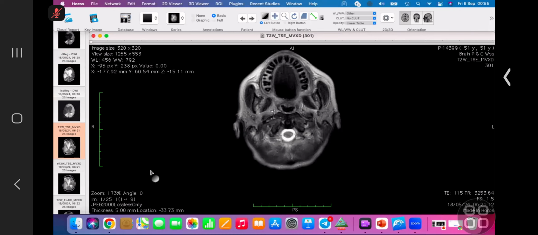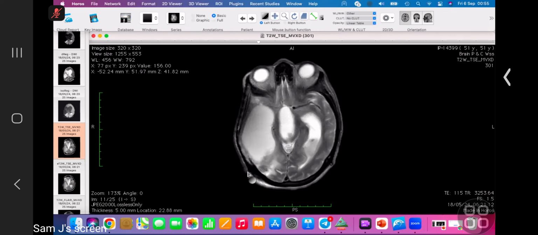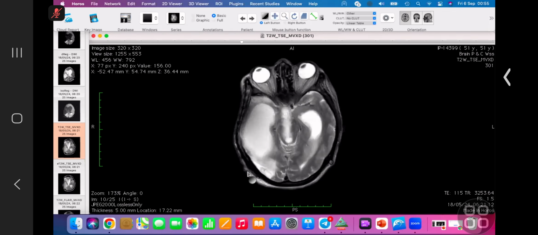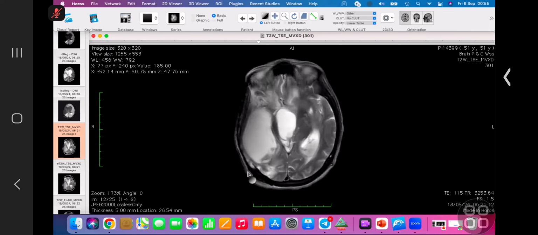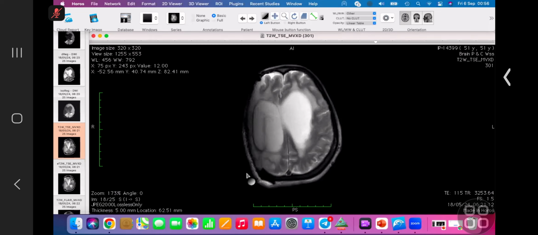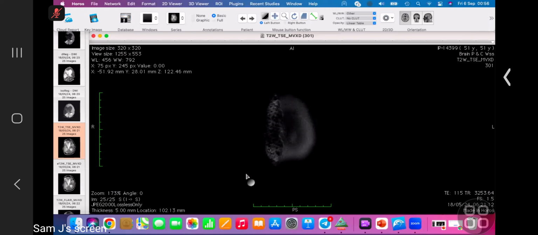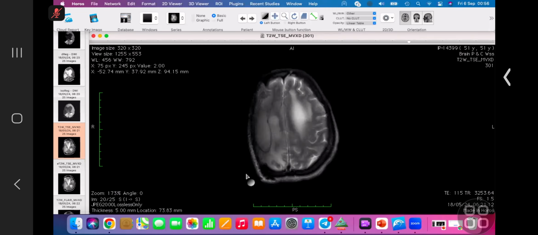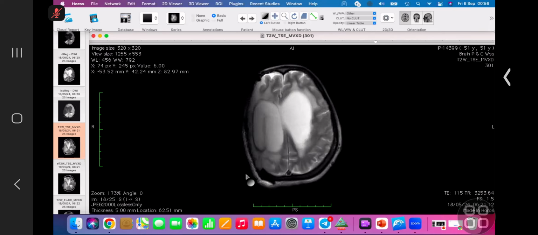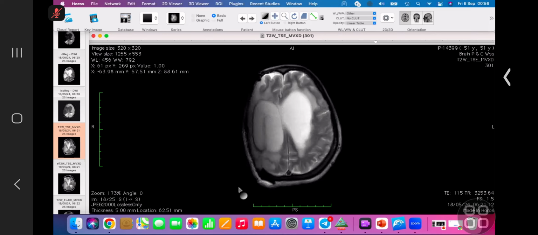Okay. Can scroll through. So this is axial T2 of the brain of the same patient. There is hypointense dependent signal in the ventricles, and also extraaxial likely subdural fluid collection with abnormal signal involving the uppermost aspect of the right cerebral hemisphere, with loss of gray-white matter differentiation.